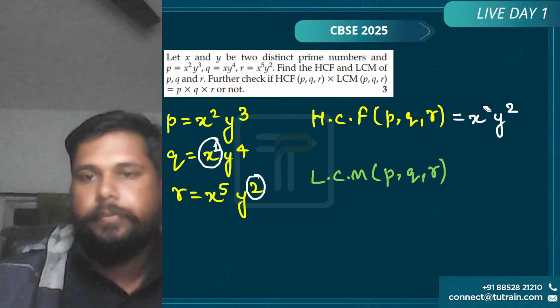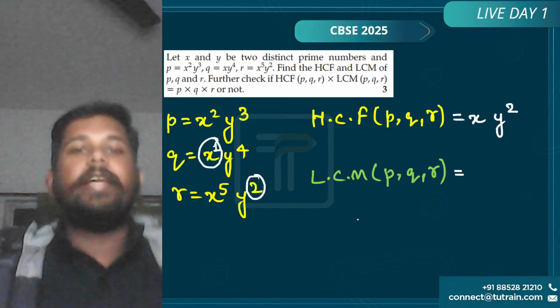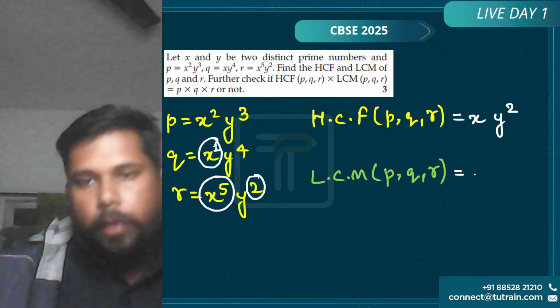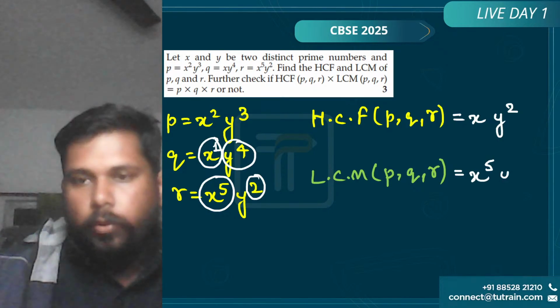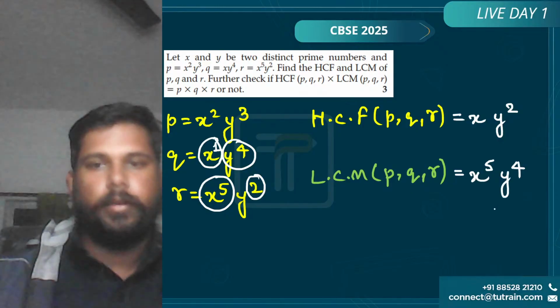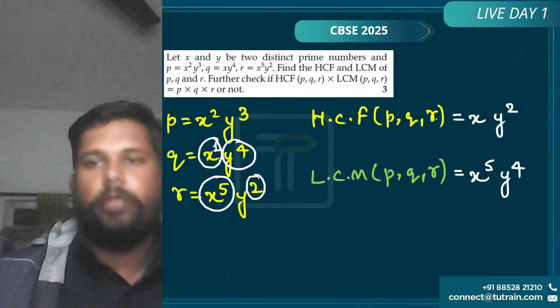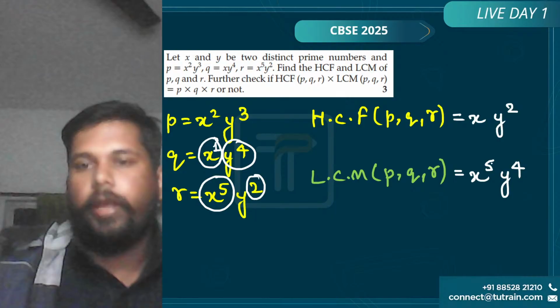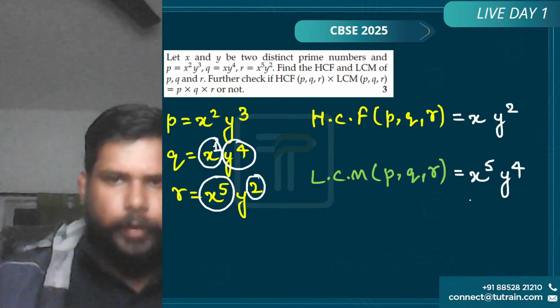And for the LCM we take the highest power, so for x it will be x to the power 5 and for y it will be y to the power 4. So easily we can see that the HCF of p, q, r is x y square and the LCM is x to the power 5 y to the power 4.